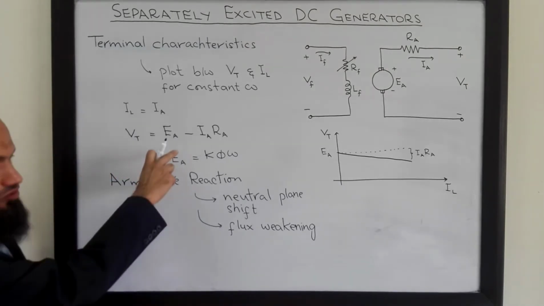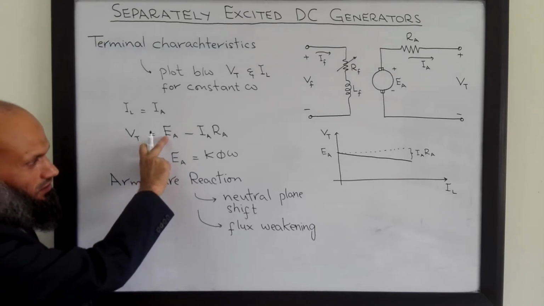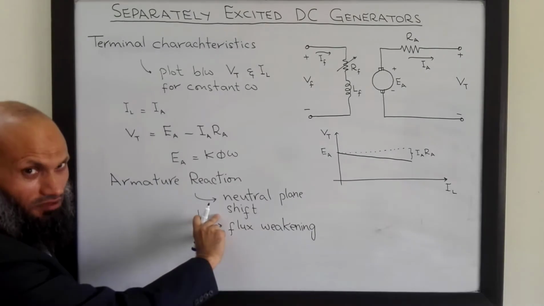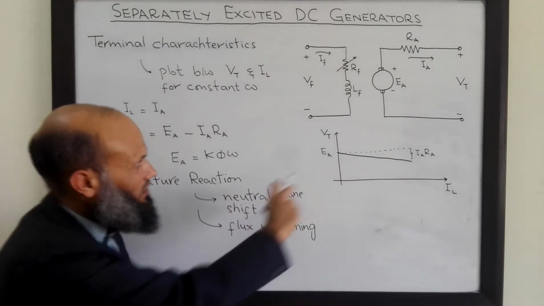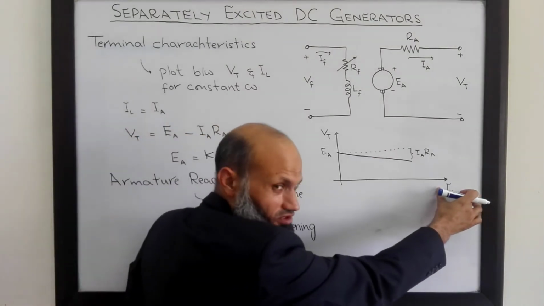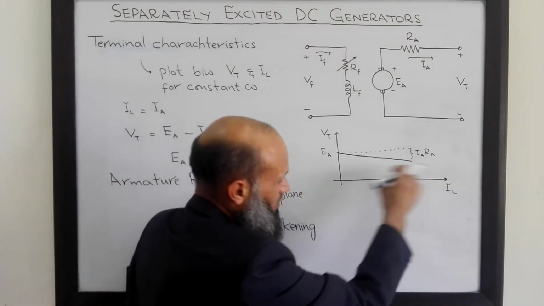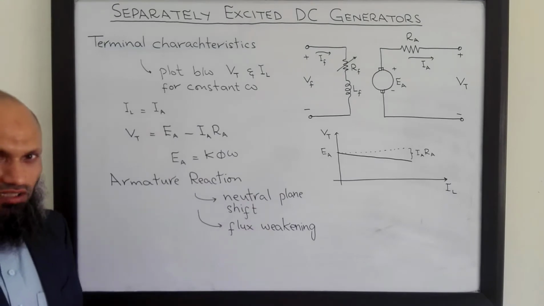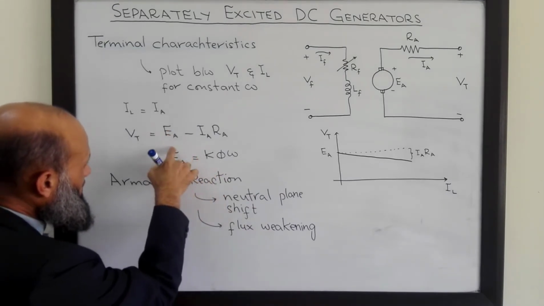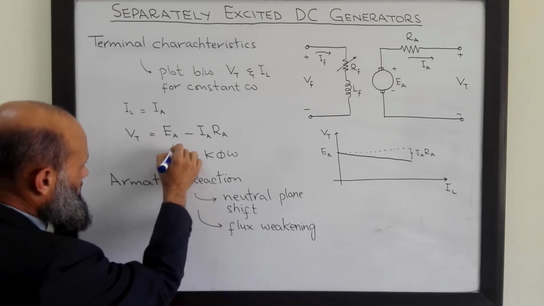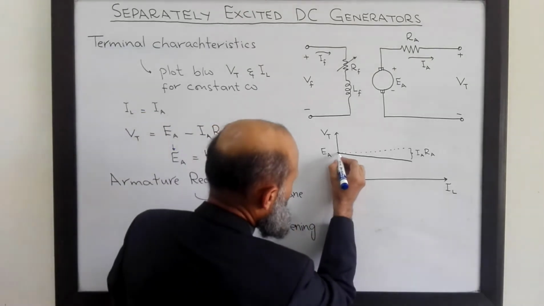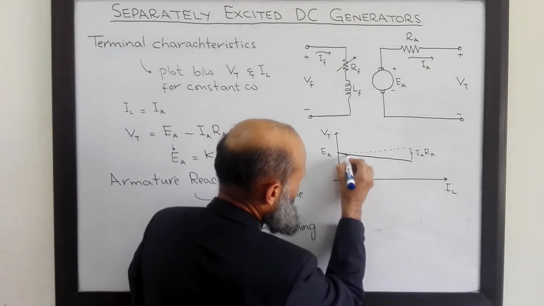So if there is no armature reaction, then EA is fixed. However, armature reaction gets stronger as load current increases, and therefore due to armature reaction EA also decreases, and that is why the terminal voltage now has this shape.